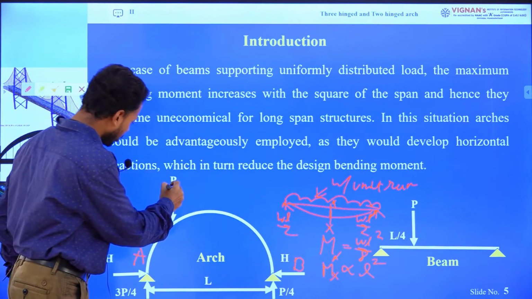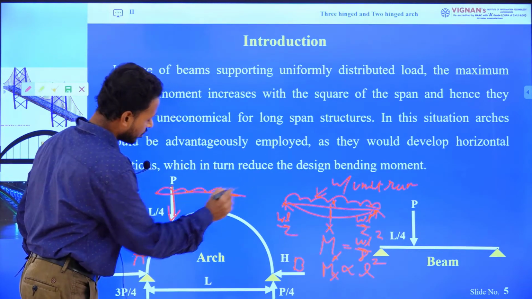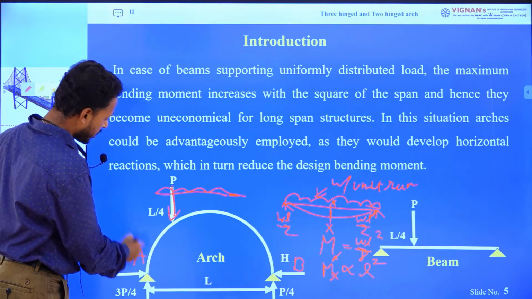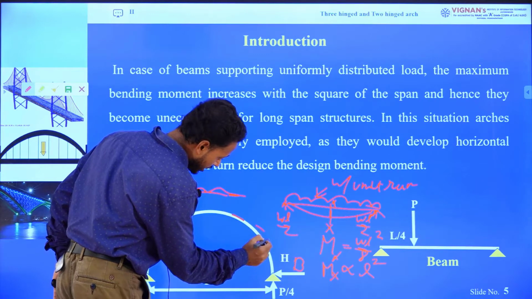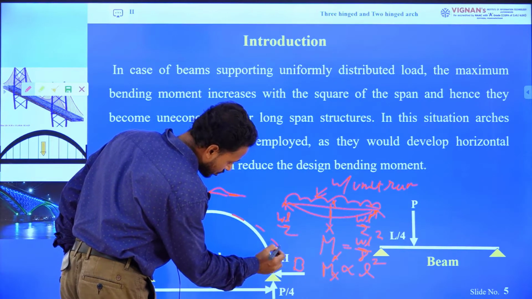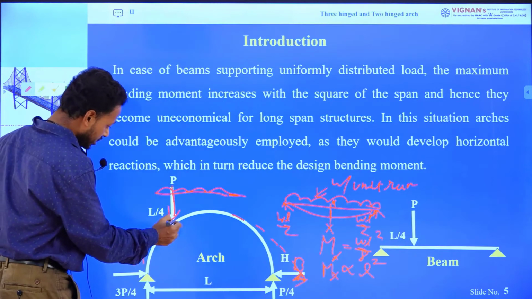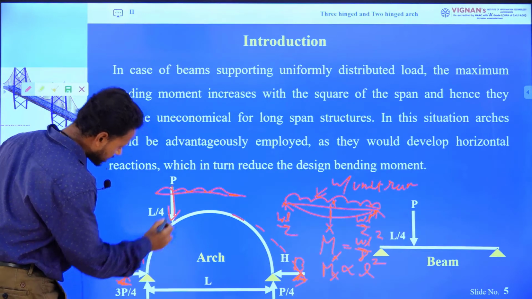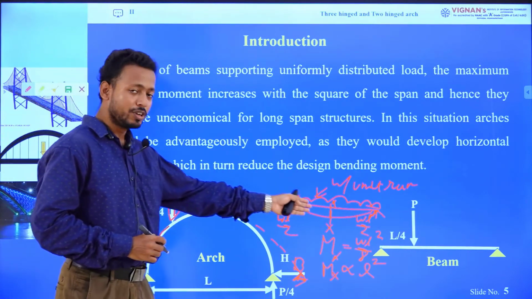Once you apply any load, either point load or distributed load, this girder will try to spread, and this B support will move here and this A support will move here. Due to the external load, the girder would deflect as a beam deflects.